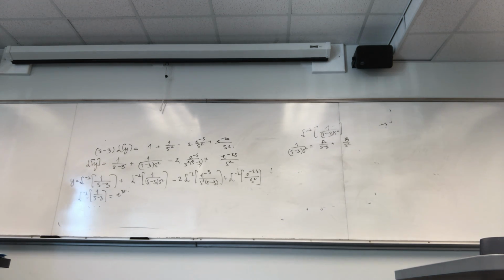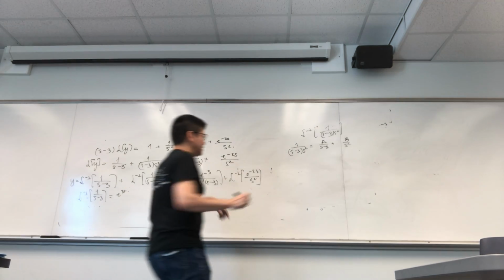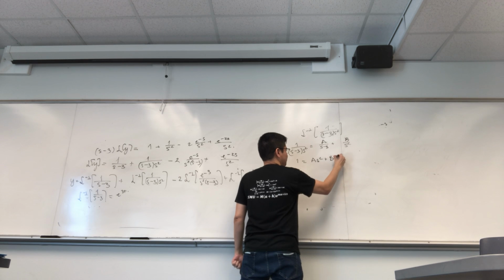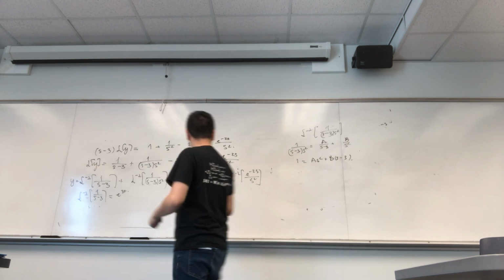So how do I find a and b? You set it up so you have a times s squared plus b times s minus 3 equal to 1.